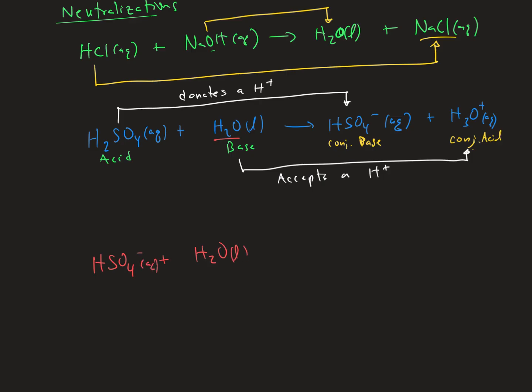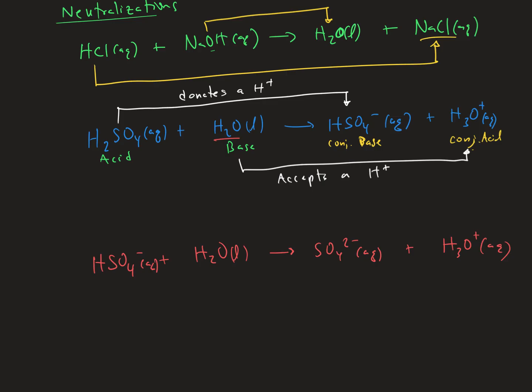This is a liquid. Can anybody tell me what I get? What does HSO4 minus turn into? Sulfate, SO4 2 minus. And what else do we get? H3O plus, hydronium ion.